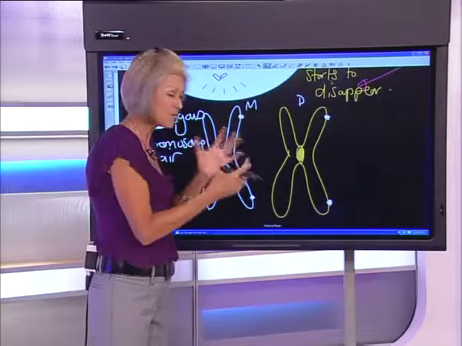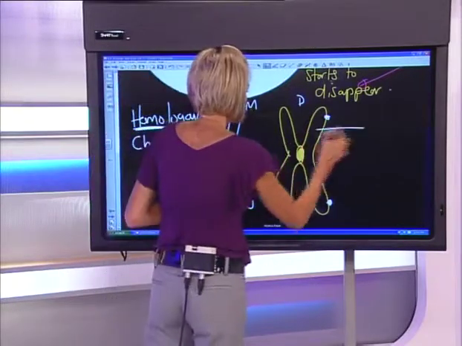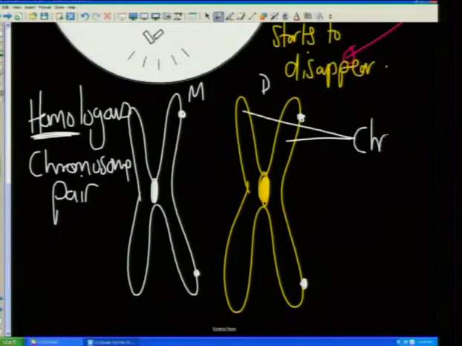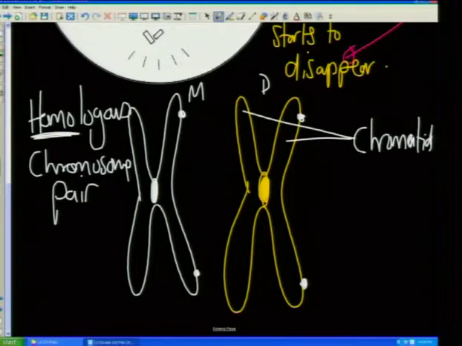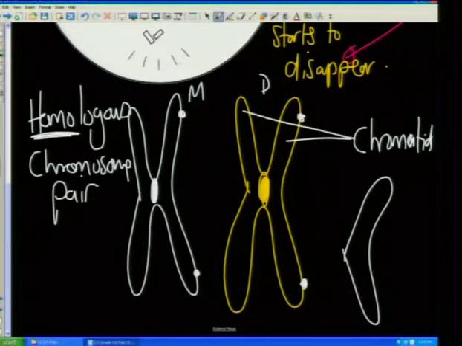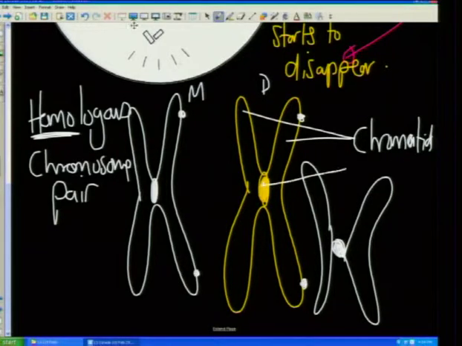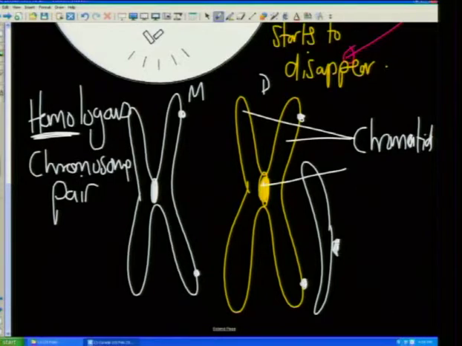Now, what's this chromosome made of? Well, those two little legs are chromatids. So they're two. So that's one chromatid, that's the other one. And the two chromatids, which look like this, and there's another one here, are joined together in the middle here. And this thing here is called the centromere.